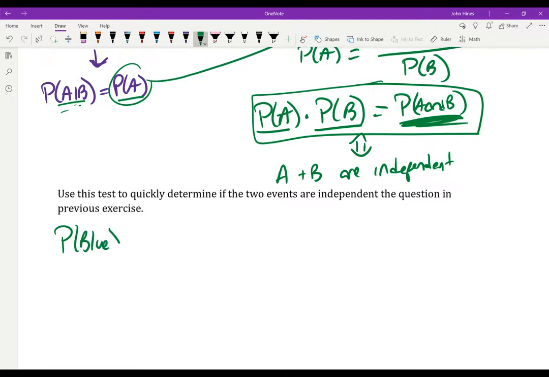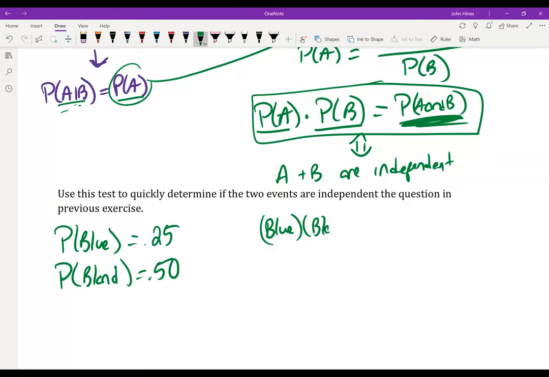Probability of blue and probability of blonde. Blue was 25%, blonde was 50%. So what I'm going to do is multiply them. I'm going to do blue times blonde. 0.25 times 0.50. I pick up my calculator here. If I just multiply those two events, I get 0.125. Well, wait a second.